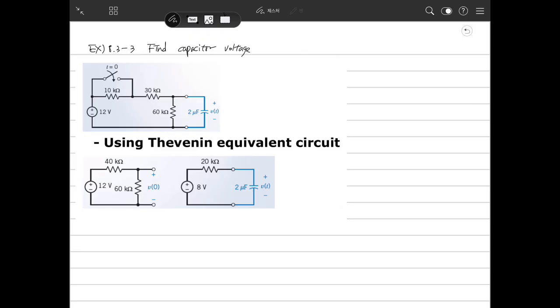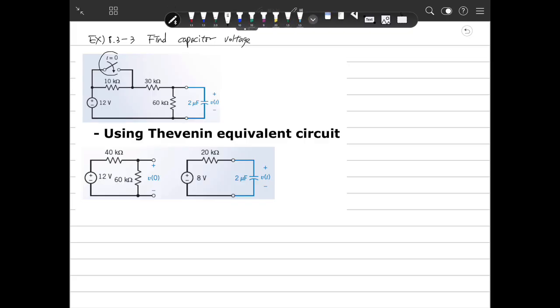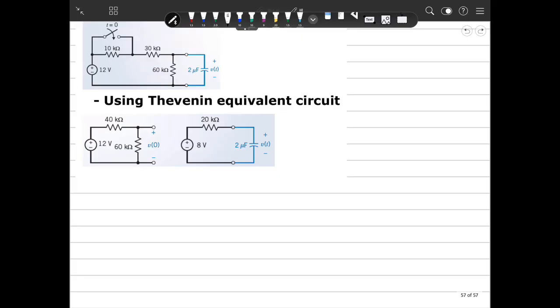Then what should we do first? It's very simple. We need to figure out the circuit, because the circuit changes based on the switch. Before t equals 0, the switch is open, so the circuit looks like this.